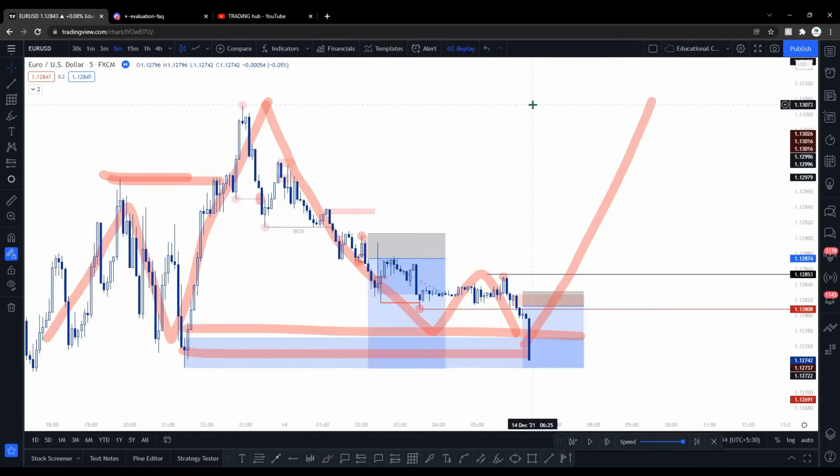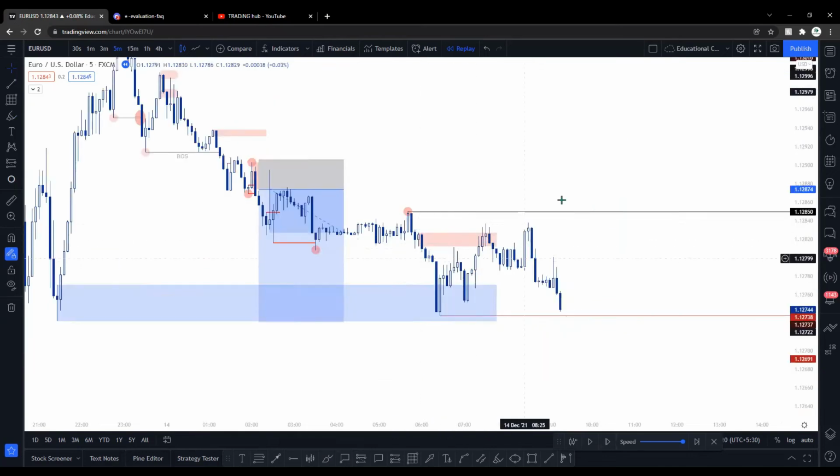Now you can see here in the 5-minute structure, this was our swing high, which is here, and a swing low is confirmed here. This order block is filled, but the structure is still bearish.